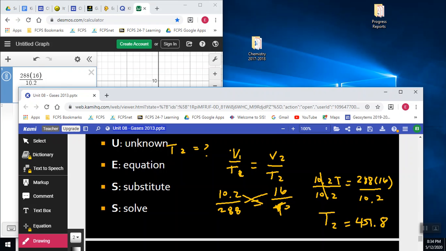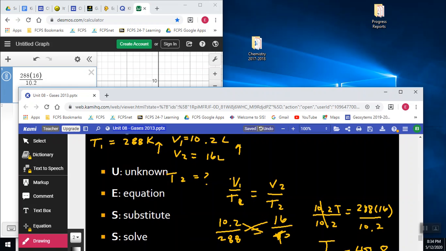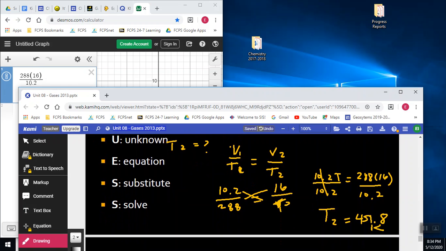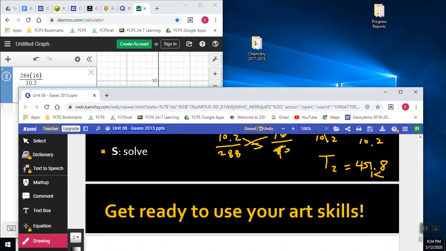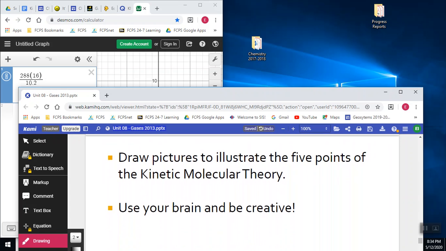I'm going to round that, and the temperature is always in kelvins. I was expecting the temperature would go up, and my answer is bigger. It went from 288 to 451, so I know I probably did that right.